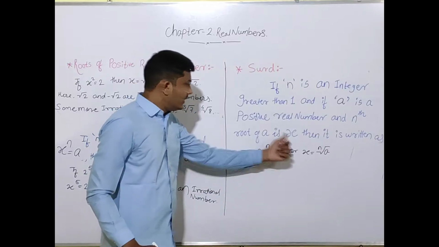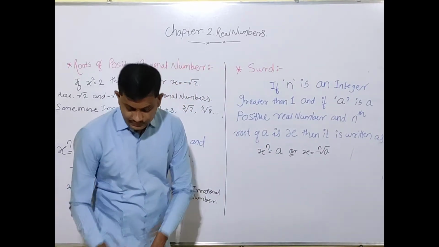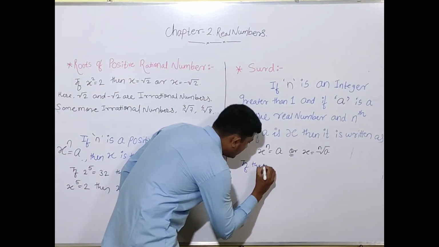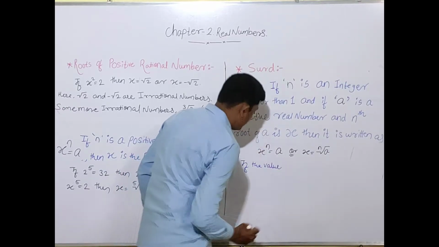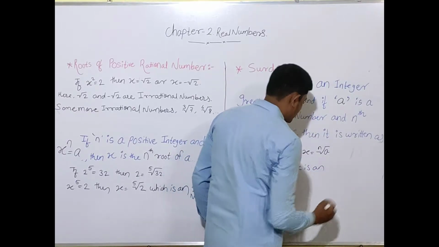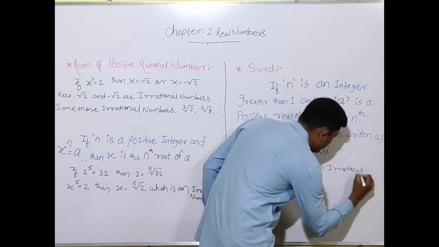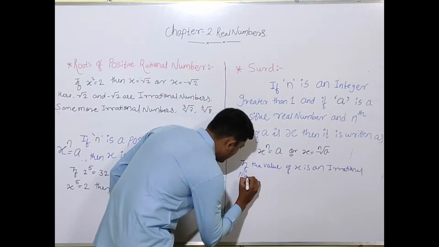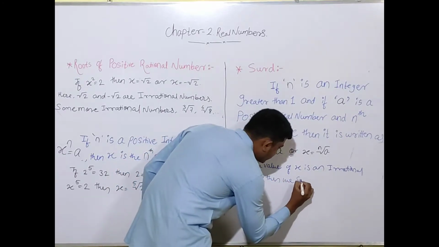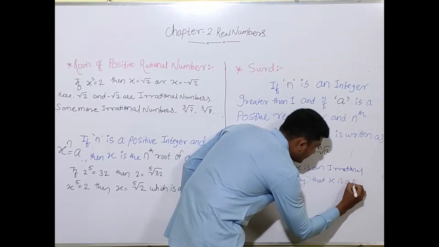If the value of x is an irrational number, then we say that x is a surd.